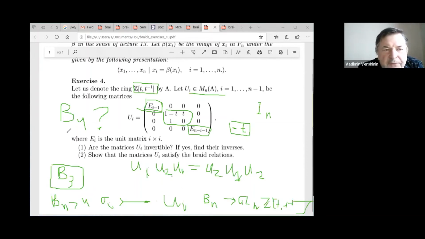This was done by Werner Burau. It is called the Burau representation. Okay, and the matrices for the generators sigma_i are much more complicated in order to construct an exact representation of the braid group. Okay.